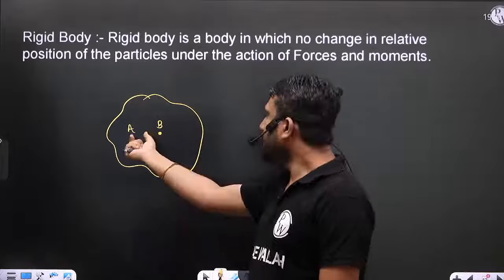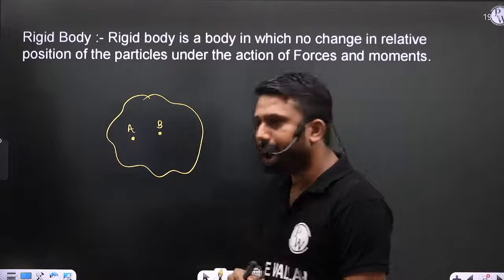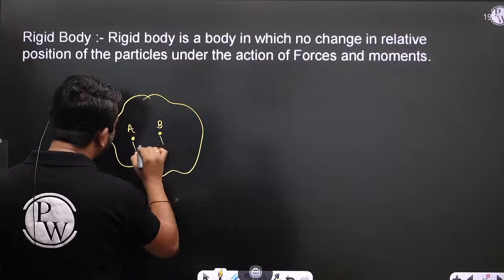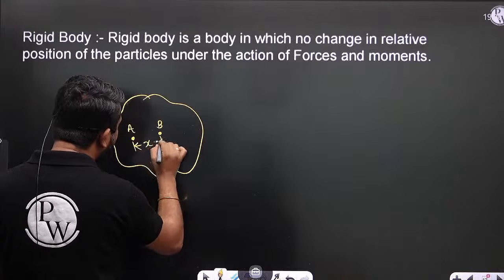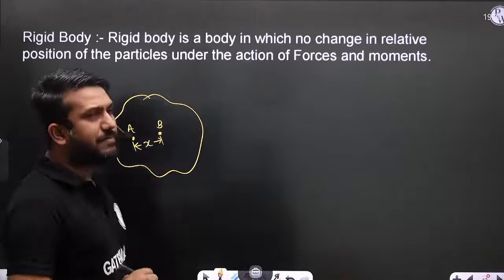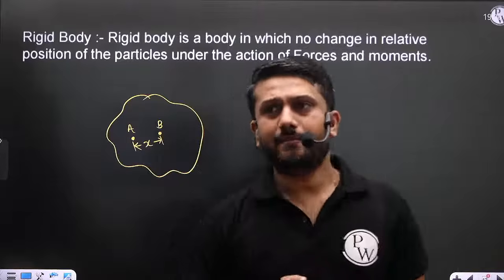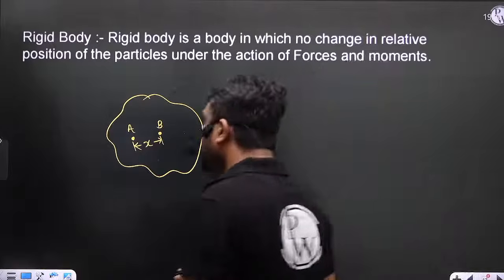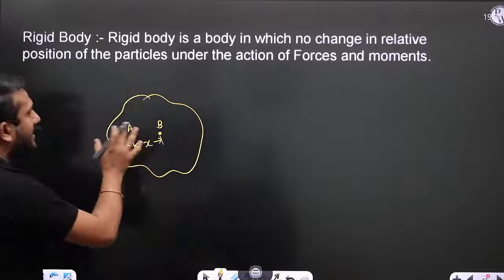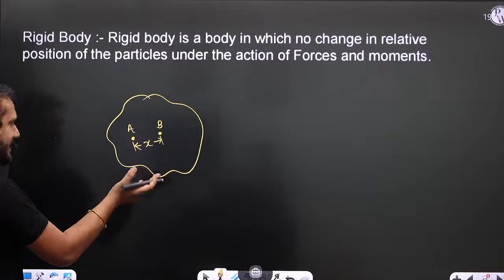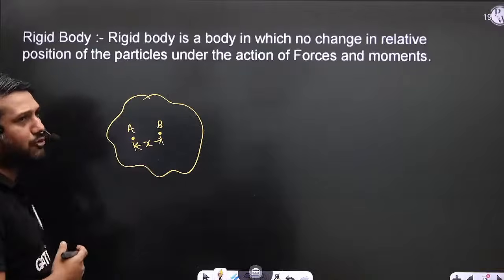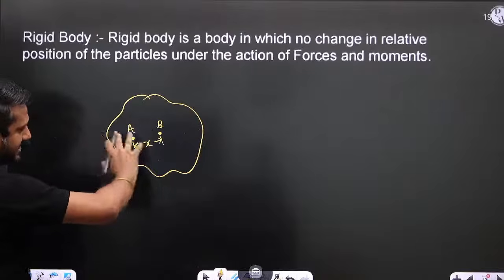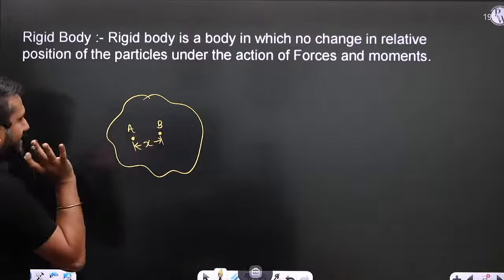Now the distance between particle number A and particle number B, let us consider that distance is x. Before applying the external agents, or before applying the forces and moments, the distance between these two particles is x.